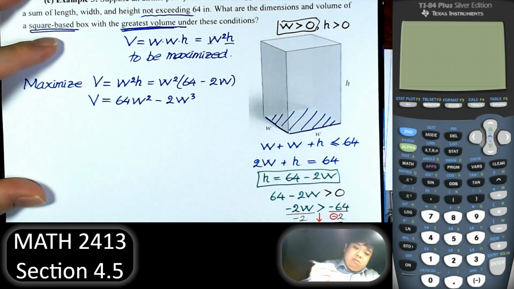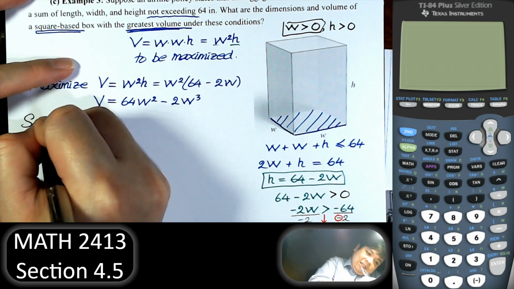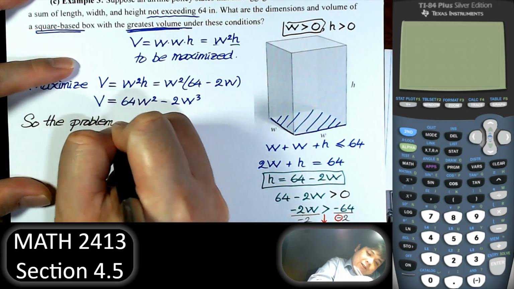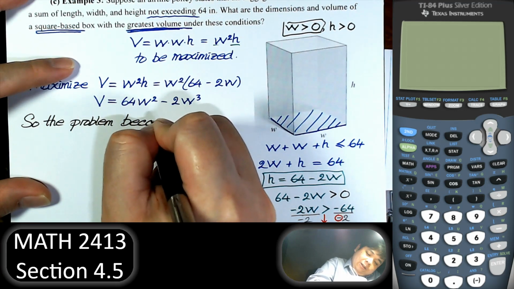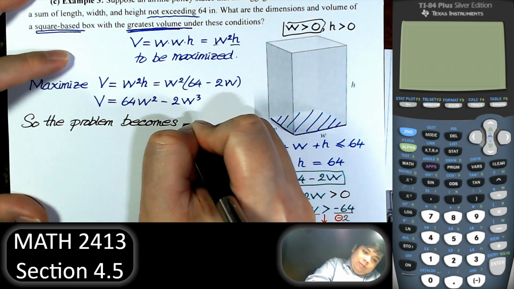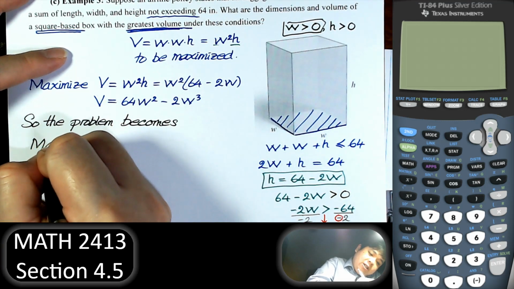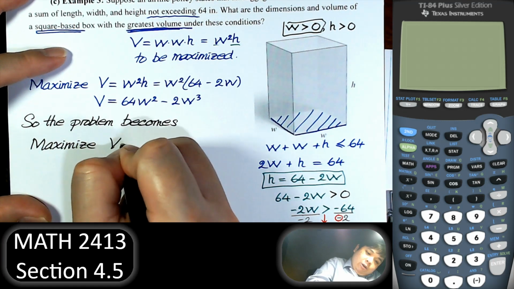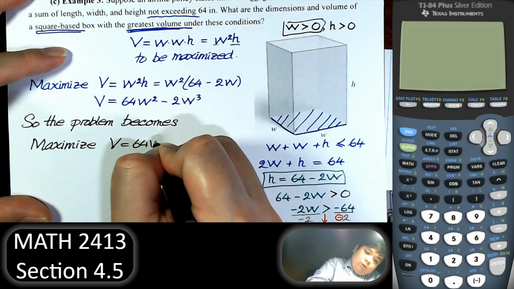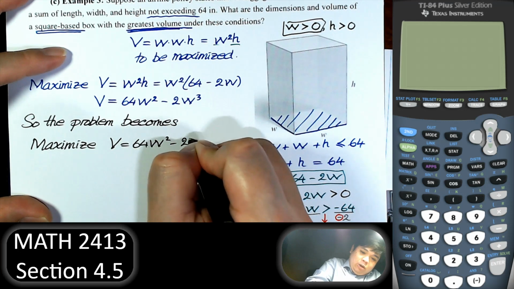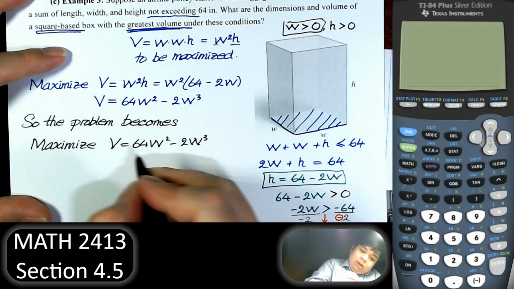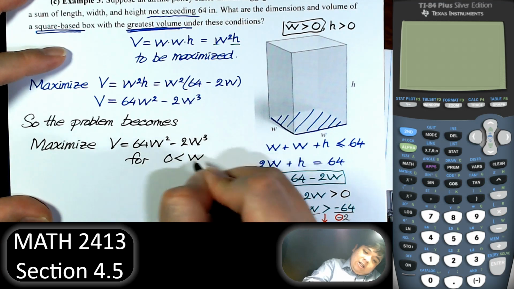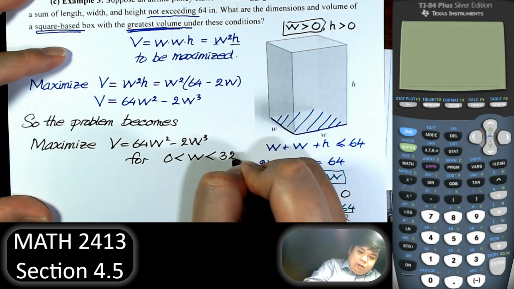So the problem becomes: maximize the volume 64w squared minus 2w cubed for w between 0 and 32.